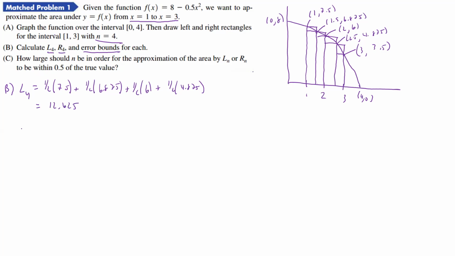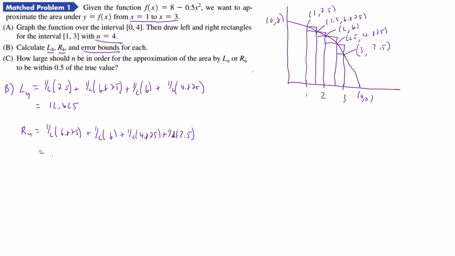So that's L4. What about R4? Well, now, again, it's going to be a half, but now we're starting over here and going this direction. So now our distance, first one, is going to be 6.875 plus a half times, and then we go to 6 plus a half times 4.875 plus a half times 3.5.